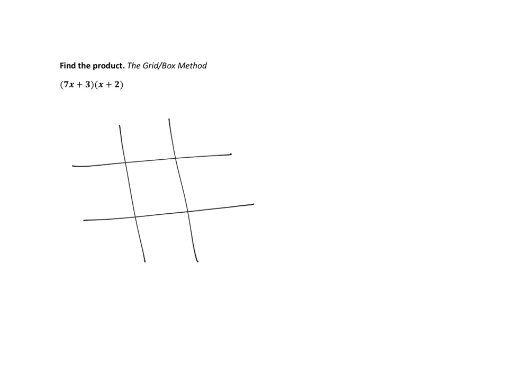Basically a tic-tac-toe board. You'll place one parentheses over here, and you'll place the next parentheses right there. The intersection of these parentheses works out to be the multiplication.